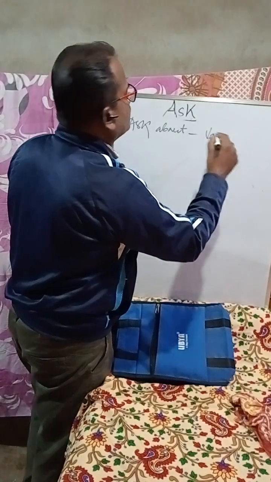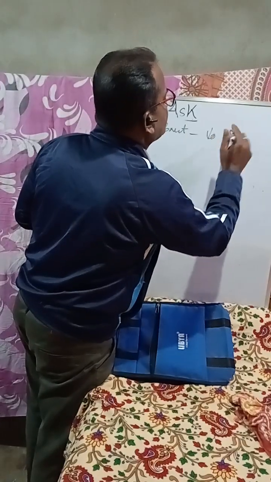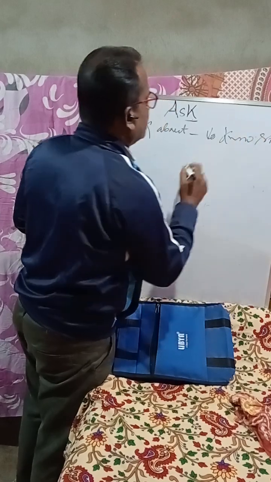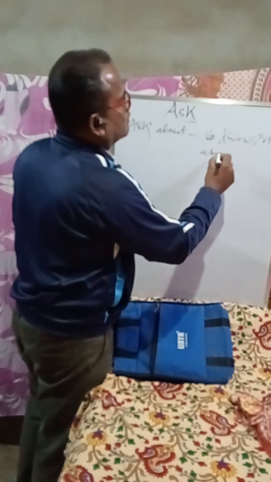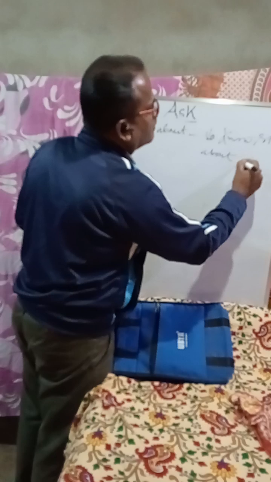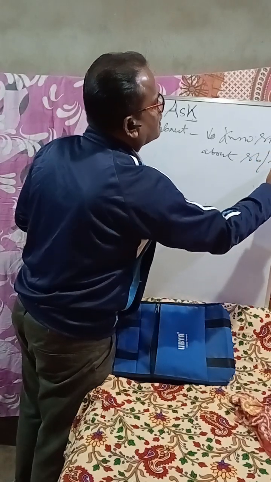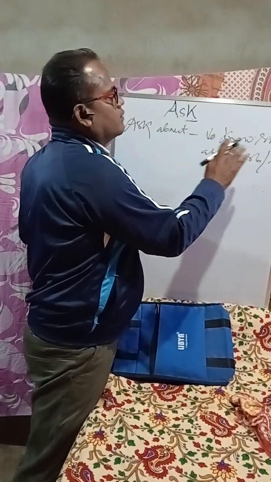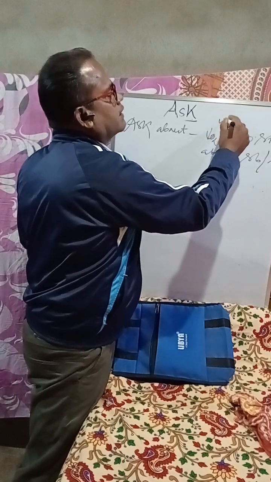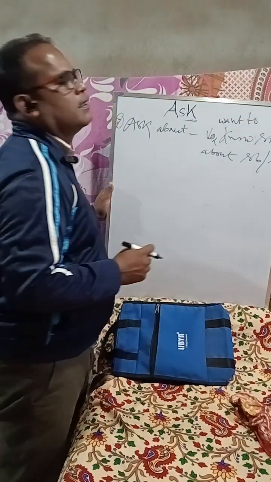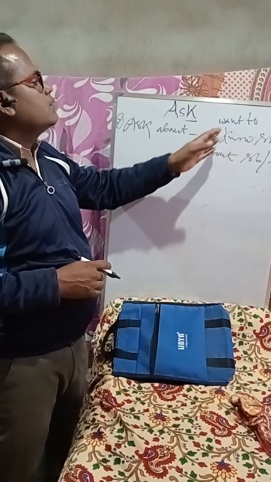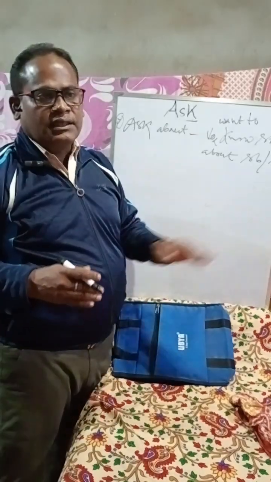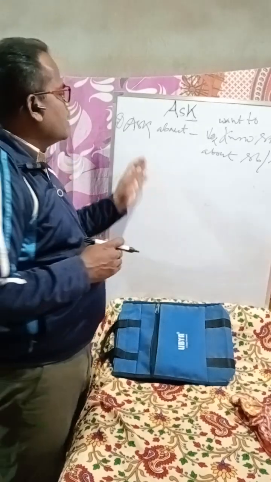To know something about somebody or something. Understood? To want to know, you can say. To want to know means you want to know. Clear? To want to know about somebody or something. If you want to know about somebody or something, you ask about that particular thing.